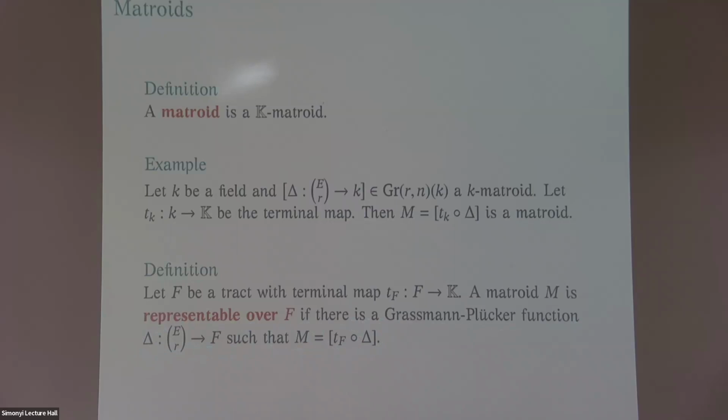Or again, the notion of being representable over any tract, not only over fields. Over fields, it happens to be the same thing as the usual notion, but we can also talk about representation over other tracts.